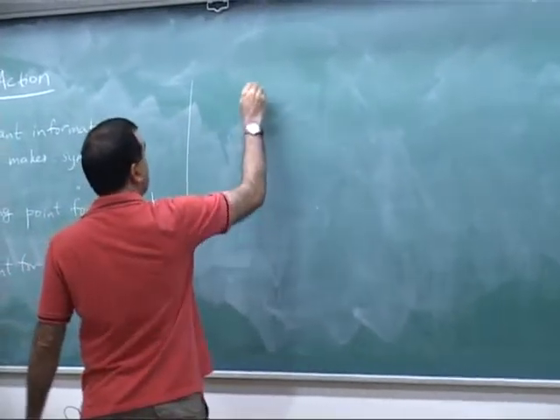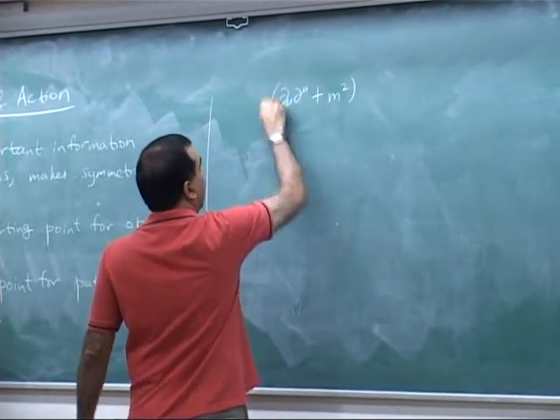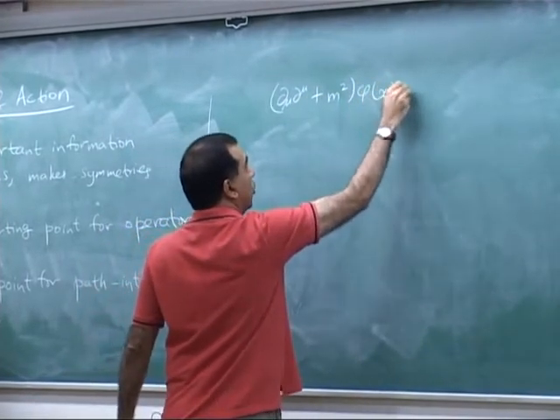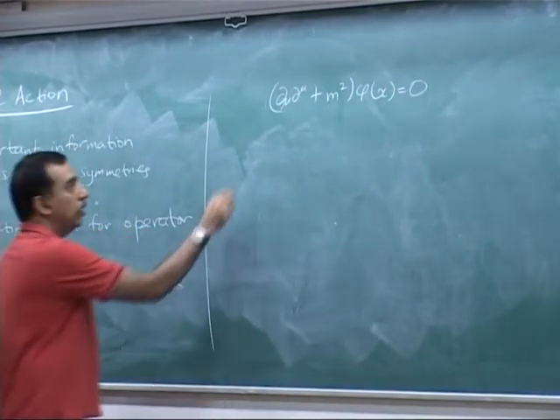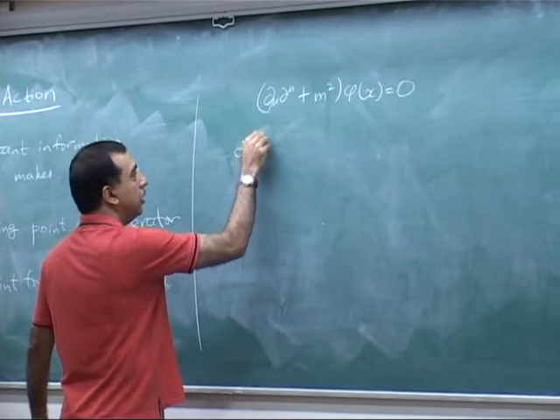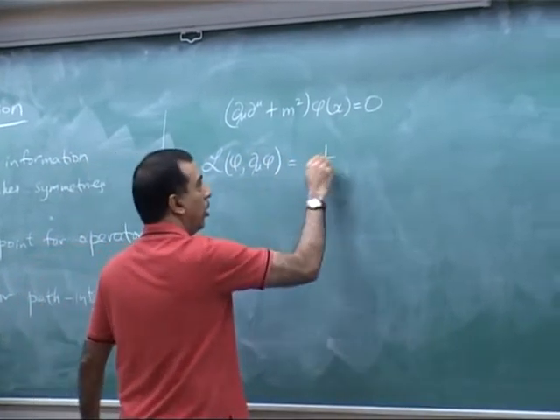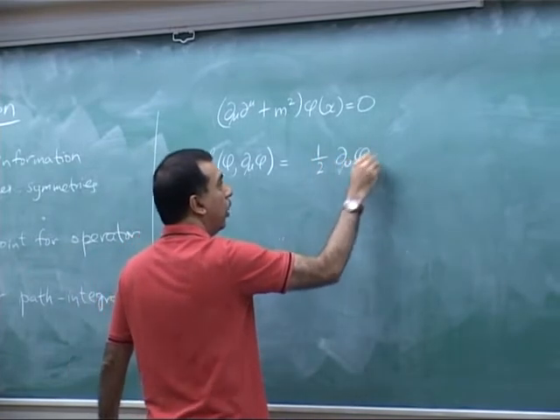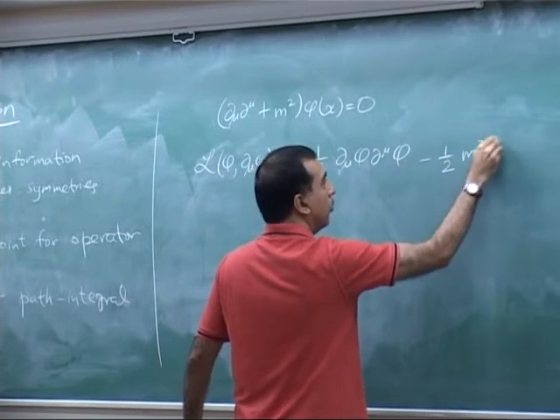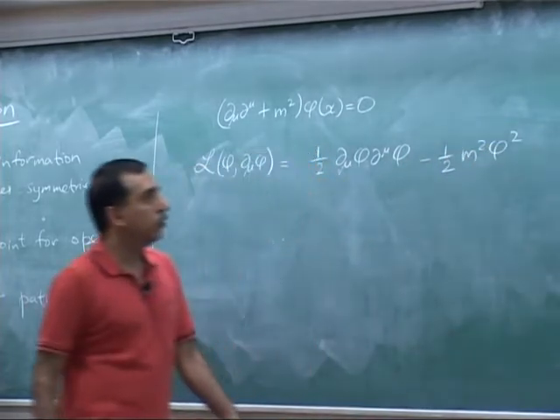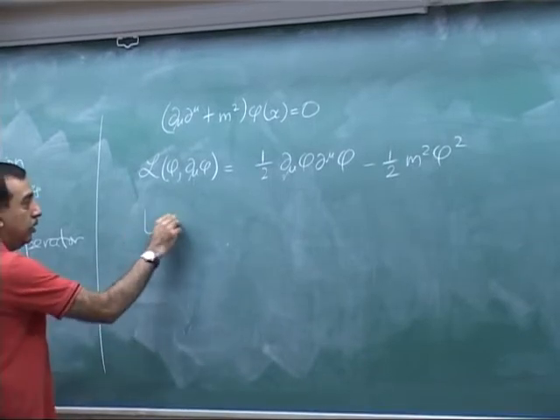The equation of motion of interest to us was (∂_μ∂^μ + m²)φ(x) = 0. So now I claim that the Lagrangian density, which is a function of φ and ∂_μφ, is ½ ∂_μφ ∂^μφ minus ½ m² φ².